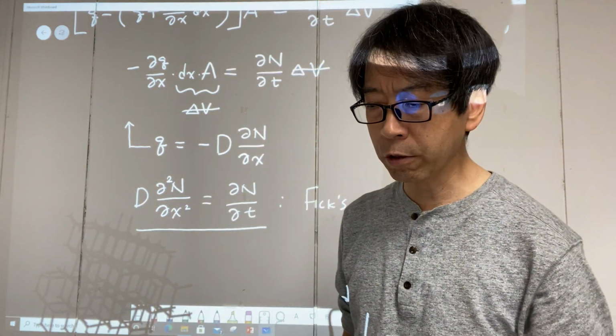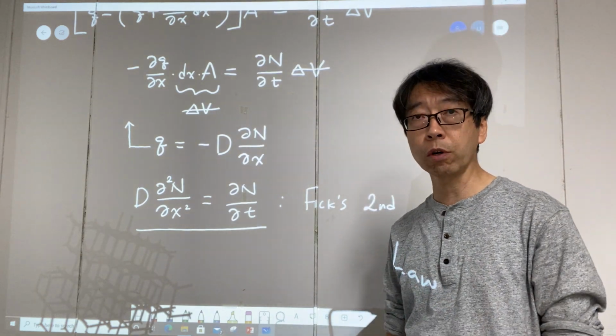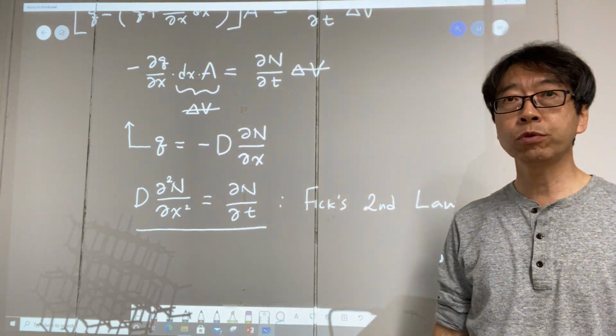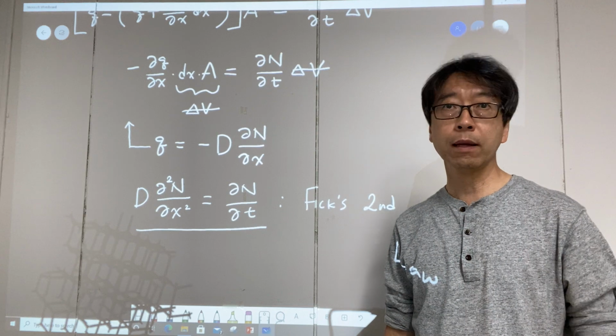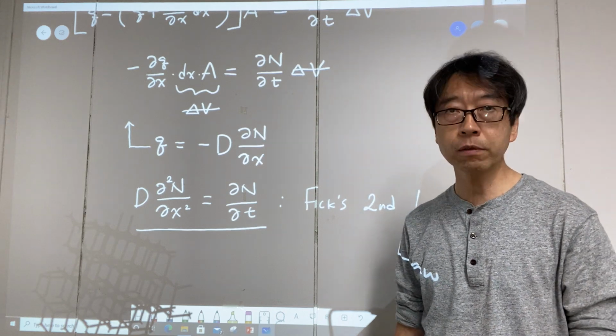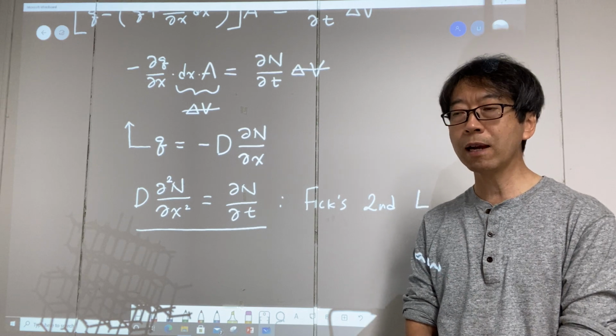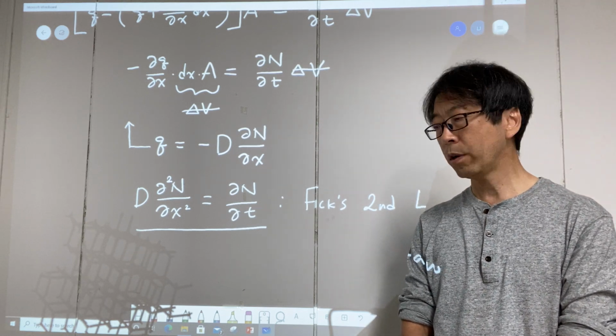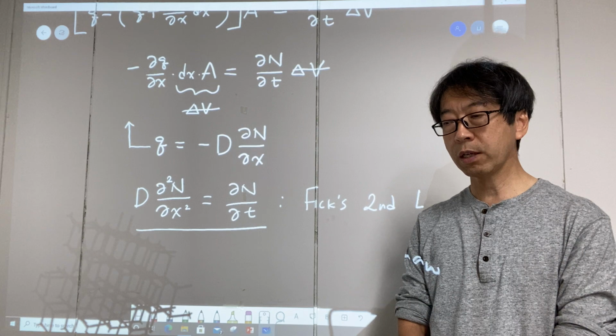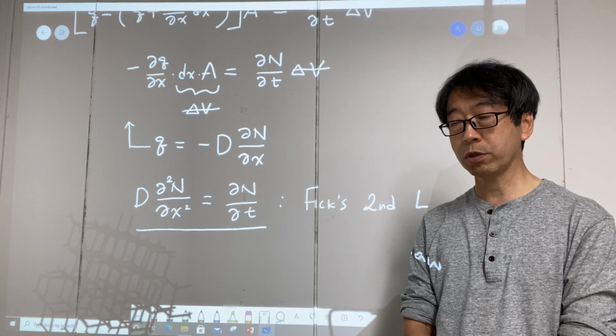Most partial differential equations cannot be solved analytically. That's why people use finite element methods, finite difference methods, many kinds of computational analysis methods. However, in some cases you can actually solve partial differential equations.